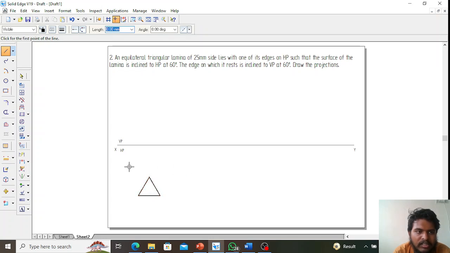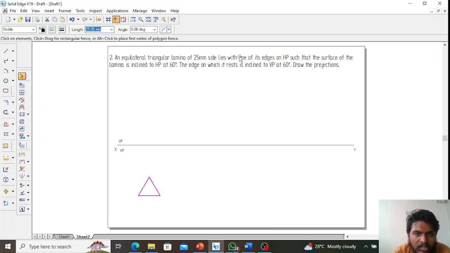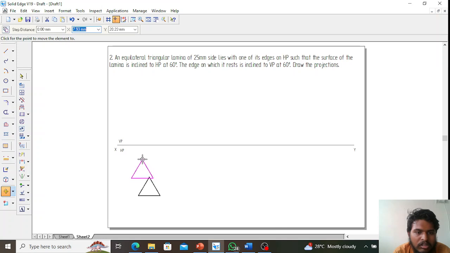Now triangle is ready. So now we need to rotate it because it's given that the edge lies with one of its edge on HP. So we need to bring this edge. So what we'll do is first of all move this triangle to here.